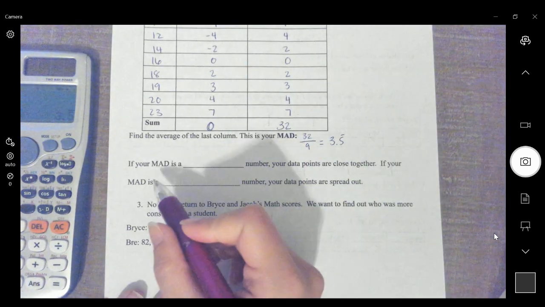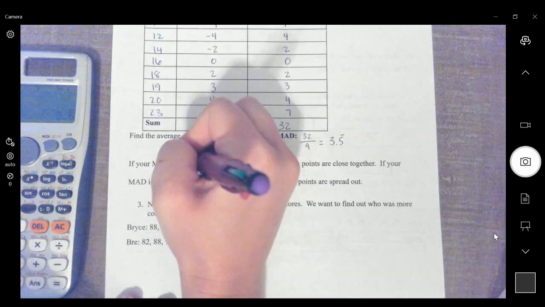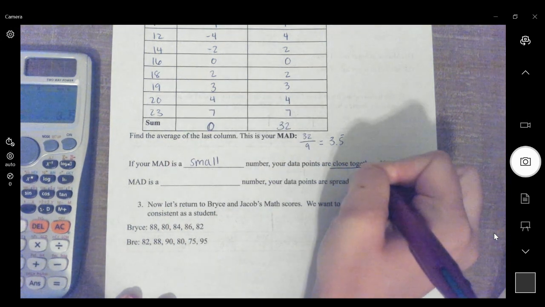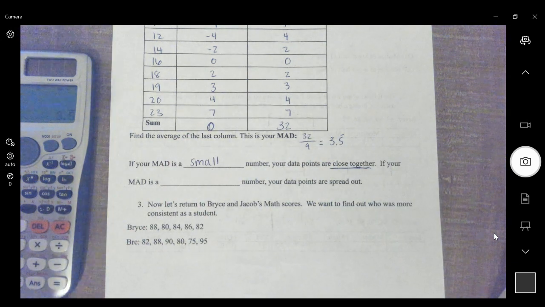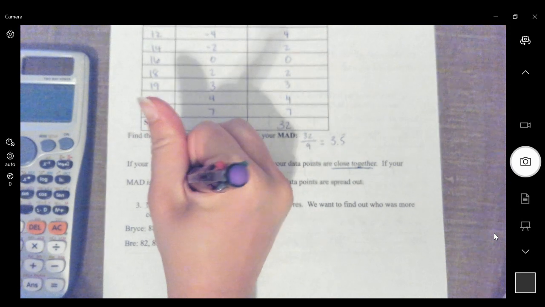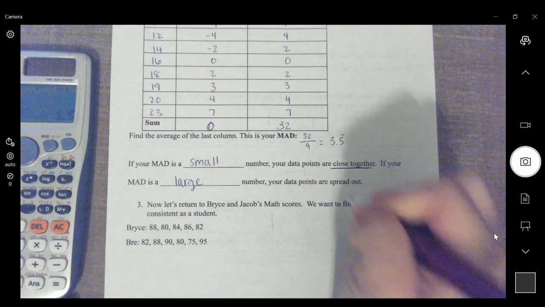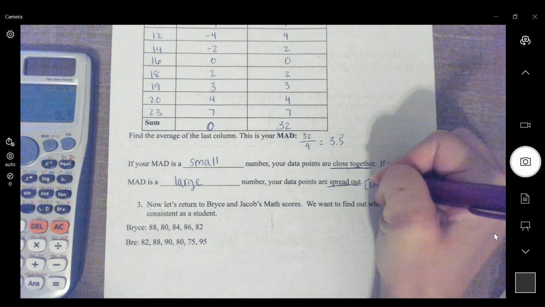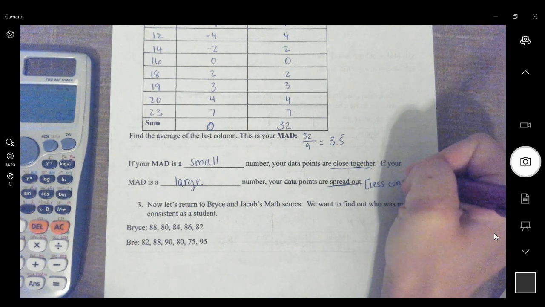Okay, so if your mean absolute deviation, or your MAD, is a small number, that means your data points are close together because they're very close to the mean. If your mean absolute deviation is a large number, that means your data points are spread out. So spread out makes it less consistent.